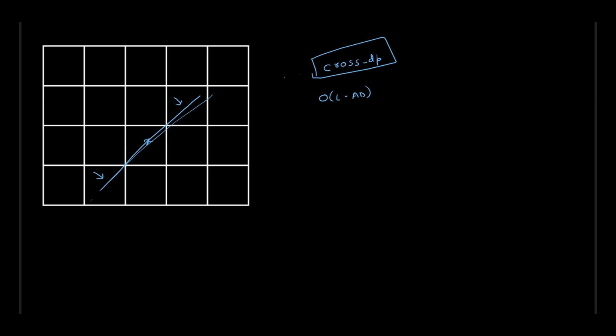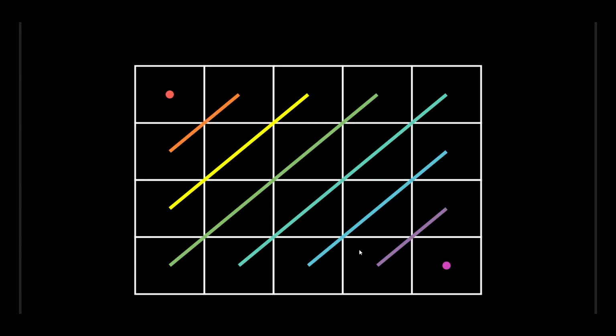But if you think about it, the cross dp does not change. So every time you change an x, you only have to keep track of the maximum and the second maximum element for each anti-diagonal. For example, if you are dealing with this anti-diagonal, and I change one element on it from x to y, then you don't necessarily need to traverse all the elements on this anti-diagonal.